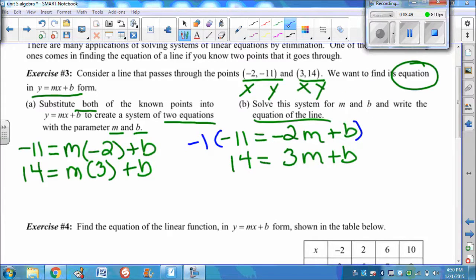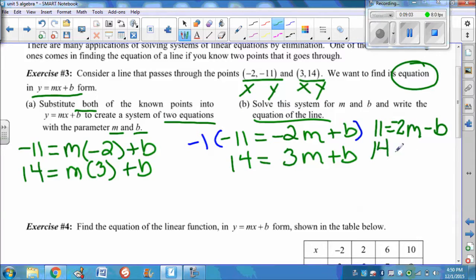So forcing the b's to eliminate, I'm going to multiply through by a negative 1. So I end up with 11 equals negative 2m minus b, and then 14 equals 3m plus b.